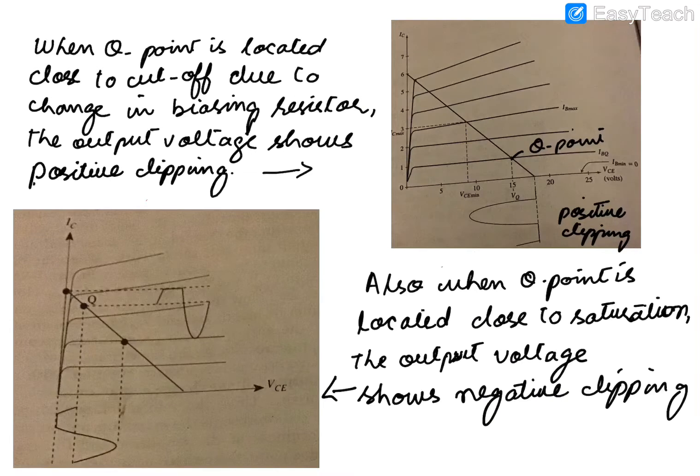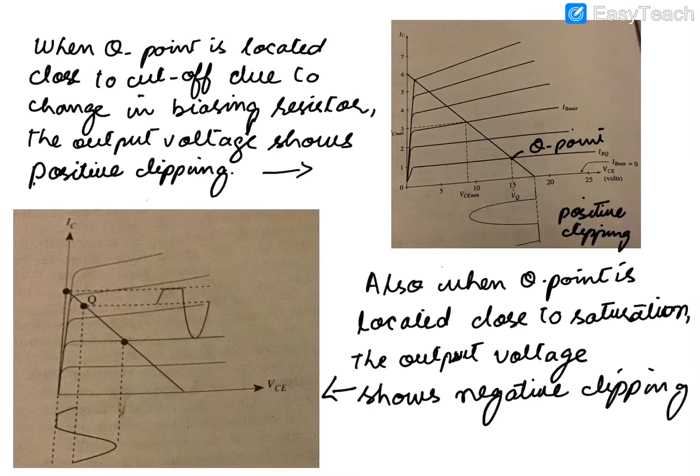But when the Q point is closer to the cutoff region, this is the cutoff region, and here the Q point is located closer to the cutoff region because of the change in biasing resistor values, then you will observe positive clipping of the output voltage.